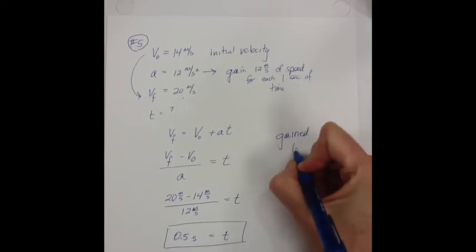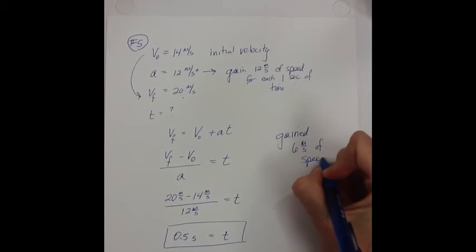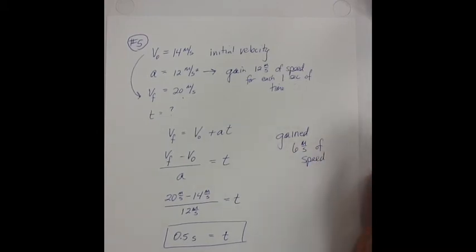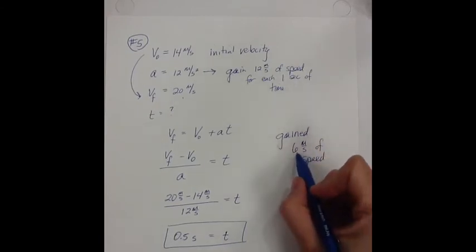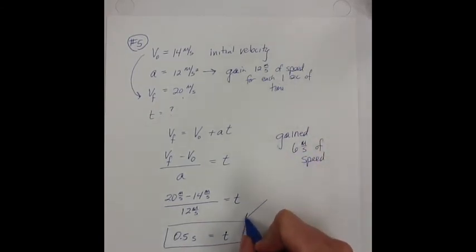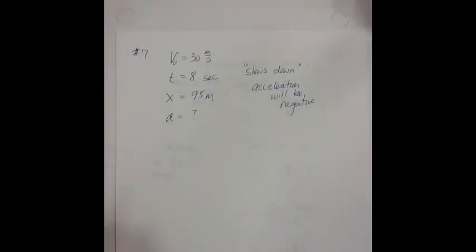So we gained 6 meters per second of speed, didn't we? Went from 14 to 20. Well, if I gained 12 for every 1 second, how long did it take us to gain 6? It took us half a second. So that's how you can check and see if your answer is right. So that's number 5.